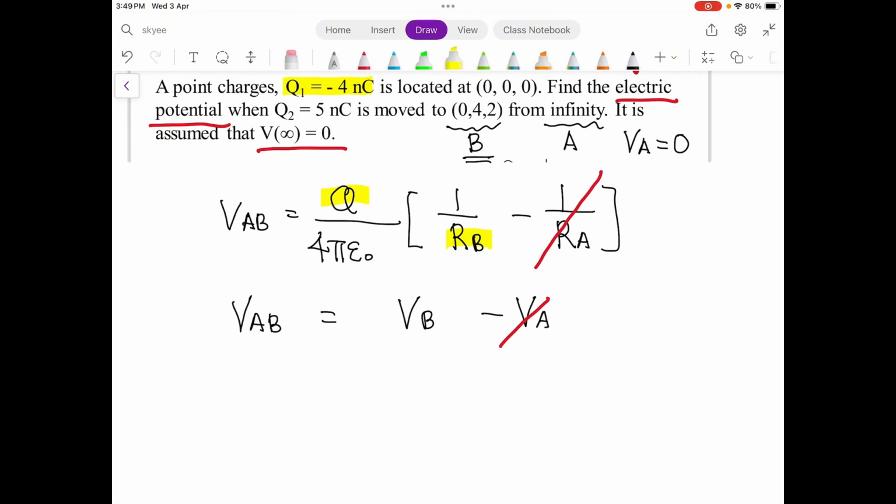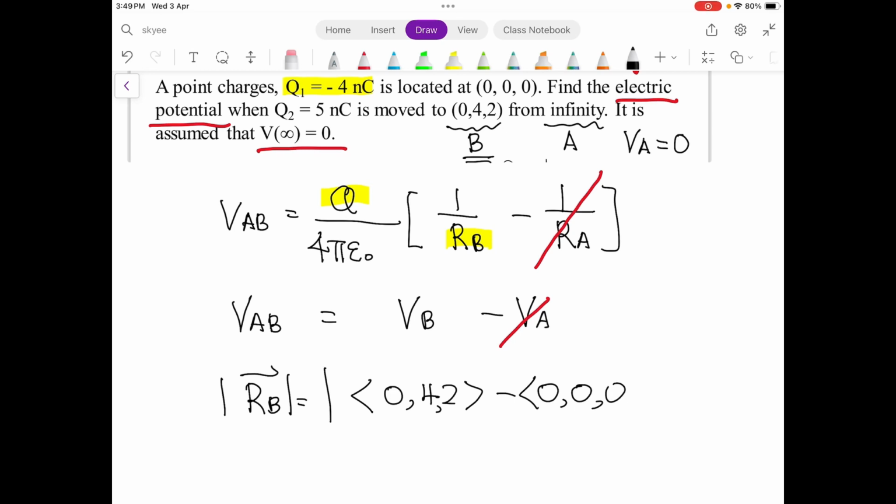So the RB will be equal to the magnitude of taking this 0, 4, 2 minus the 0, 0, 0. This one is the distance.